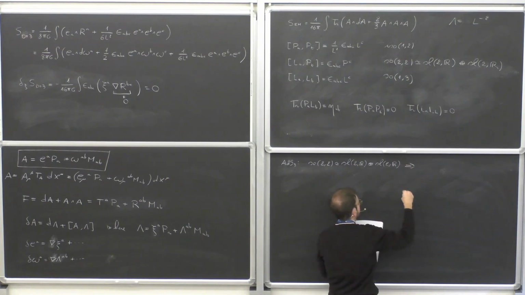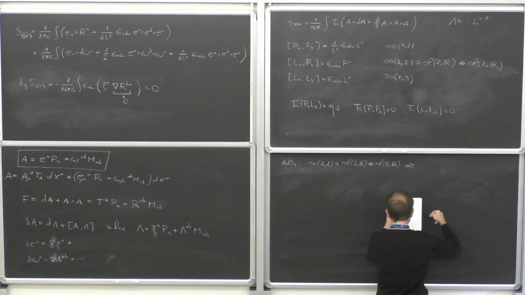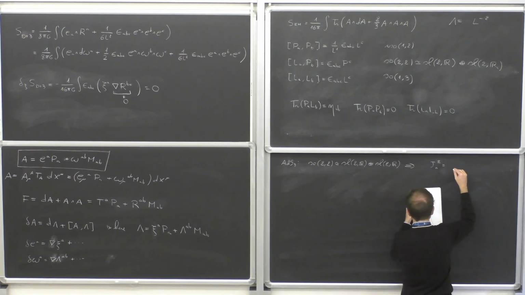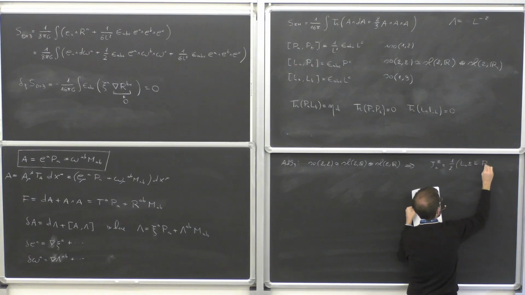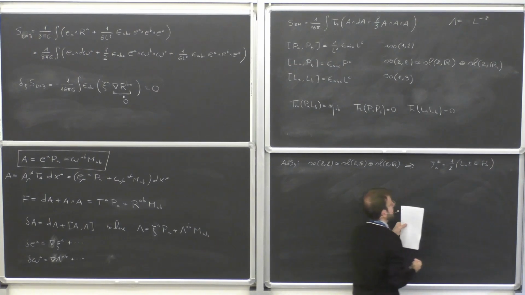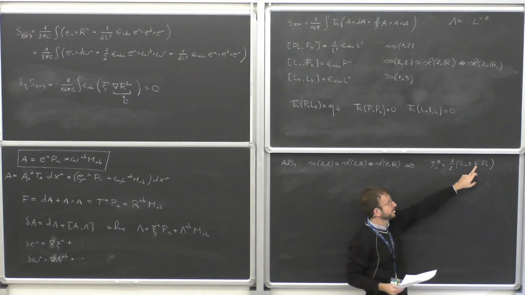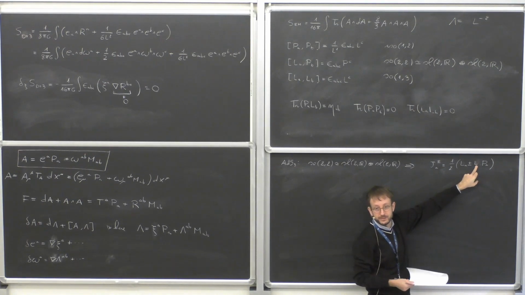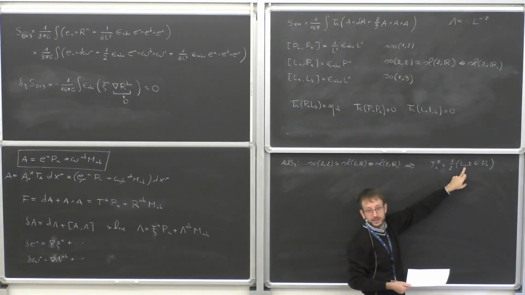This implies that I can rewrite the very same algebra in a different way, in the sense that I can introduce these 2 copies of the generators. The notation is not optimal because L here is the radius of AdS, while this L is the generator of the algebra.